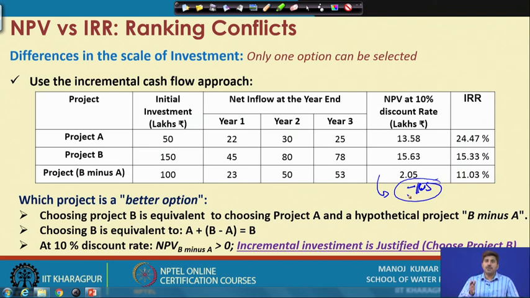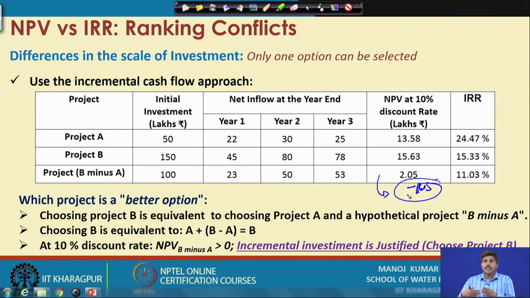For individual project estimation, or independent projects, whichever technique we want to adopt is fine. But when comparing different projects or ranking projects, particularly those that are mutually exclusive in nature, it is better to go for net present value over IRR.